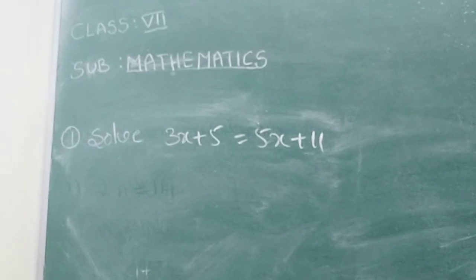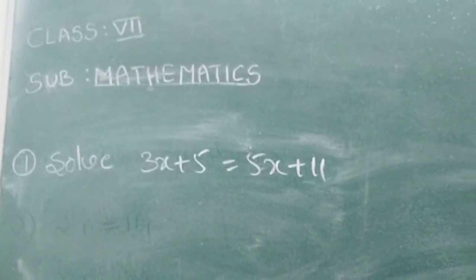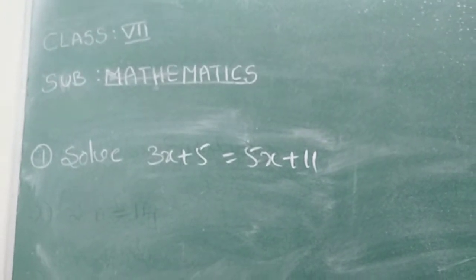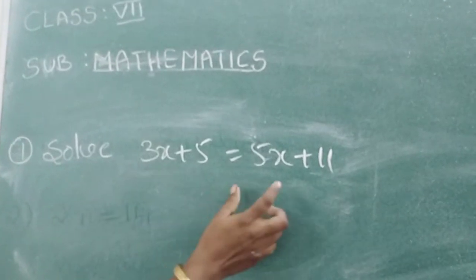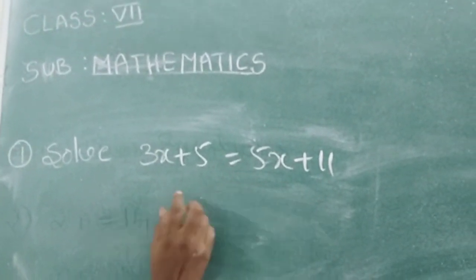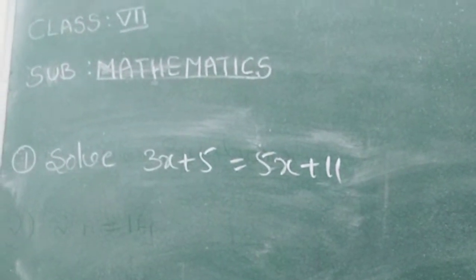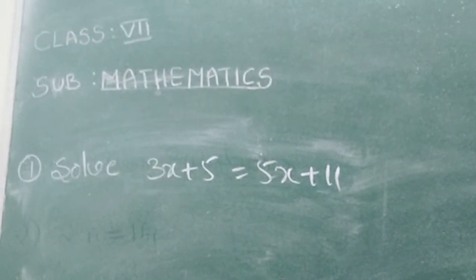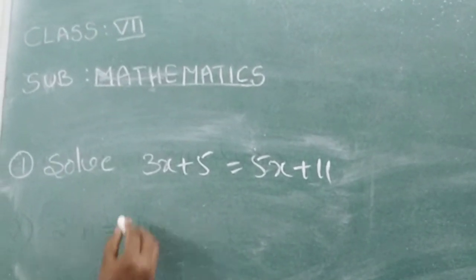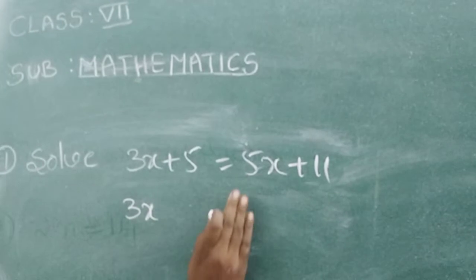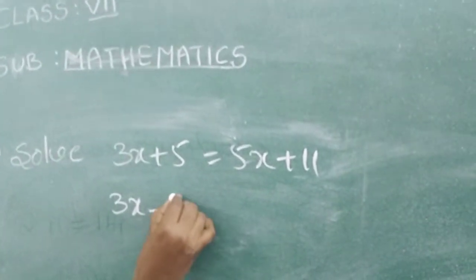Solve 3x plus 5 is equal to 5x plus 11. Here 3x and 5x are the variable terms. 5 and 11 are the constant terms. Separating the variables, 5x goes to the left as minus 5x.